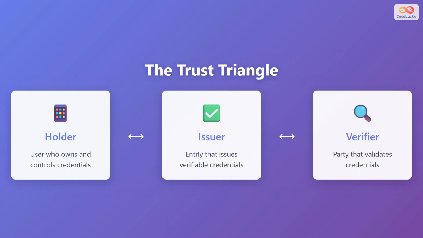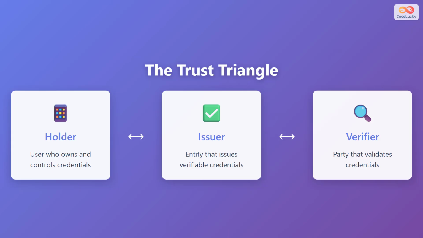Self-sovereign identity operates through what's called the trust triangle, which involves three key actors. First is the holder. This is you, the user who owns and controls your credentials in your digital wallet. Second is the issuer. This is a trusted entity like a university, employer, or government agency that issues verifiable credentials to you. And third is the verifier. This is any party that needs to validate your credentials, such as a website, service provider, or institution.